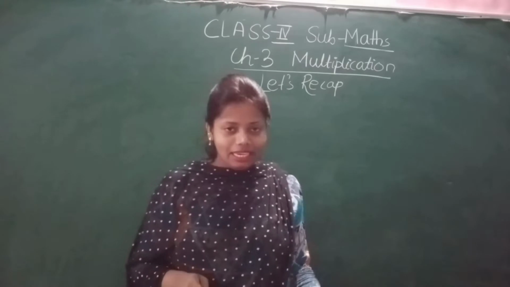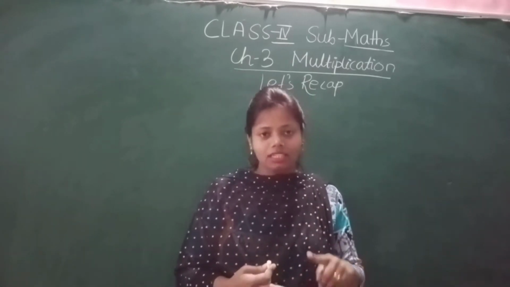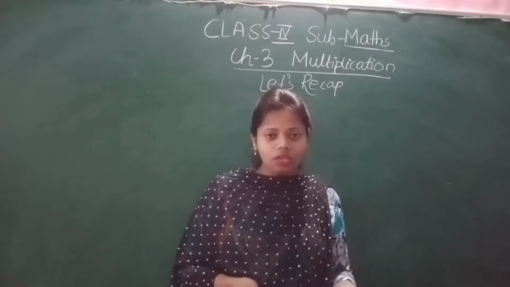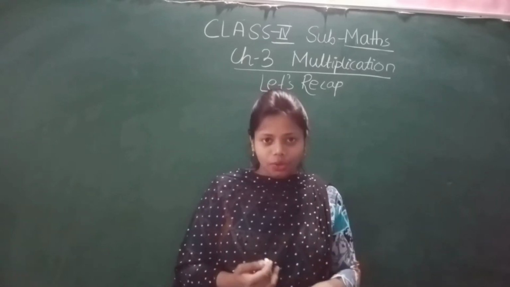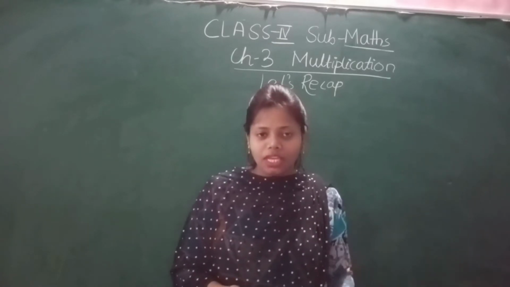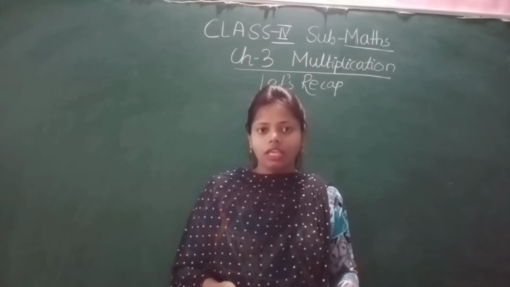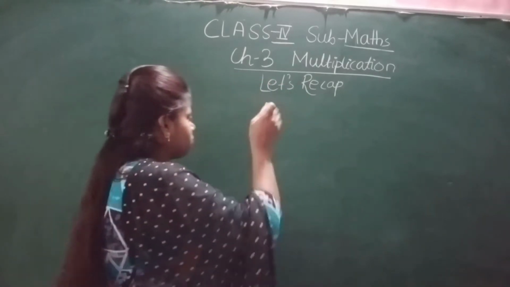Like in addition I told you about addend, addend, sum. In subtraction also I told you about minuend, subtrahend, difference. In the same way in multiplication also, what do we call them? Now see here.